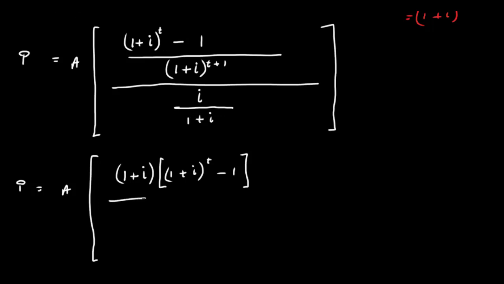On the bottom then, I end up with this i here, because this fraction is flipped upside down, this i here will end up multiplying by this denominator here. So I end up here with i times 1 plus i to the power of t plus 1.